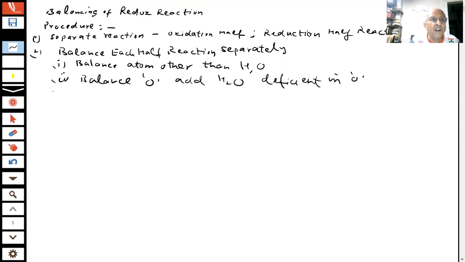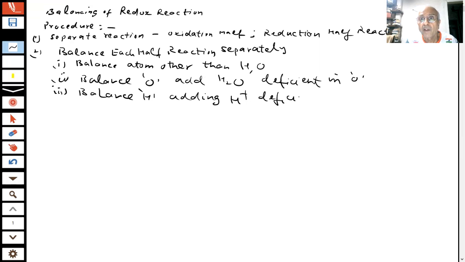Third step, you balance the hydrogen atoms by adding H plus to the side which is deficient in hydrogen.